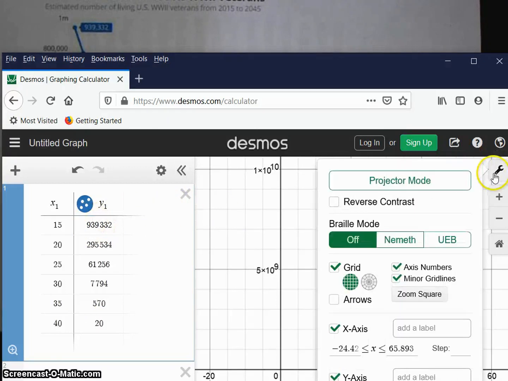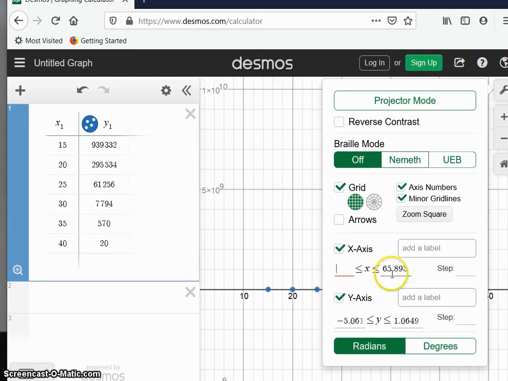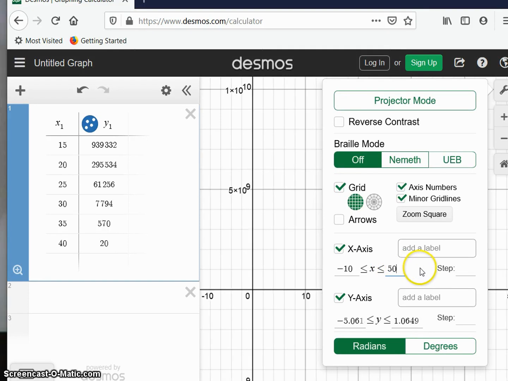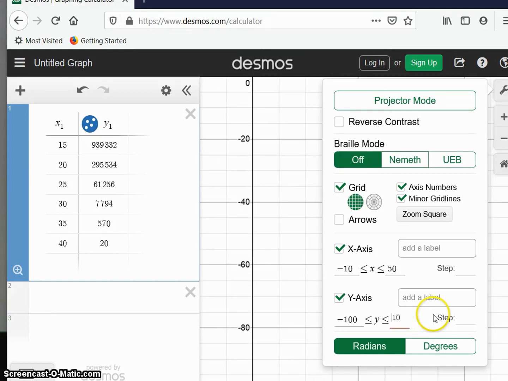So let's make our Y max be, oops, x's, let's see, x's could go from maybe -10 up to 50, and the y's could go -100 up to, it needs to go up to about 1 million, I guess.